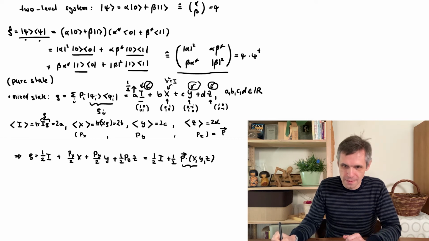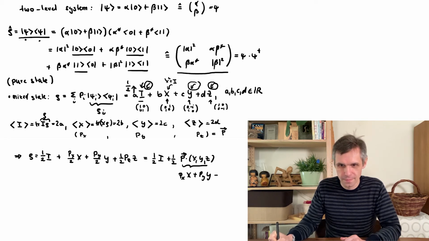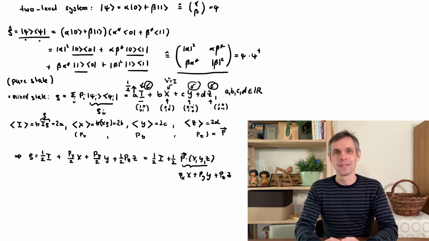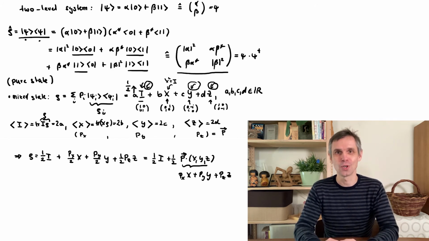So we have here some kind of dot product between these entries px and the Pauli matrices. Now this is just a formal definition of this dot product, and we actually already encountered it once when we looked at the unitary time evolution operator of these two-level systems.